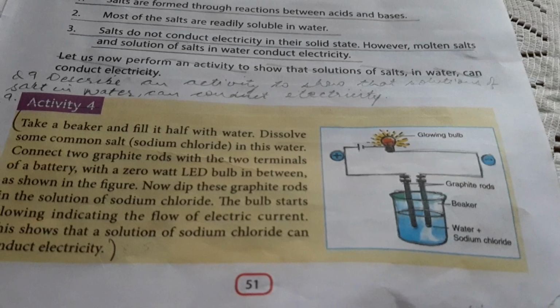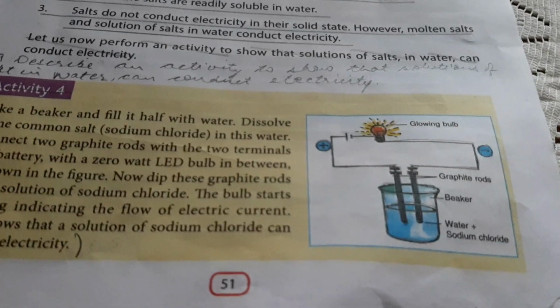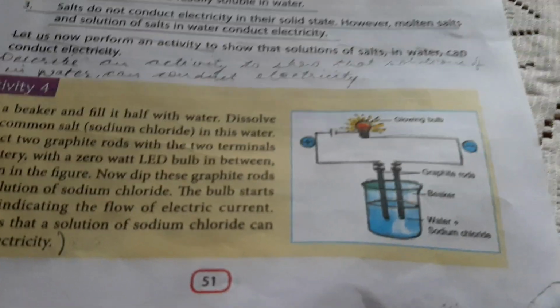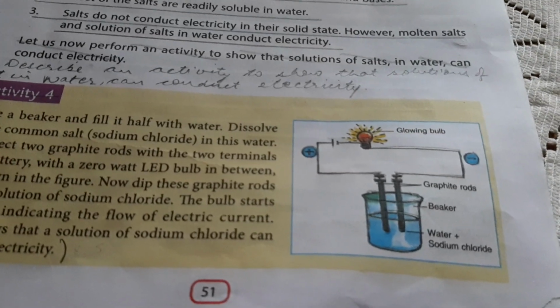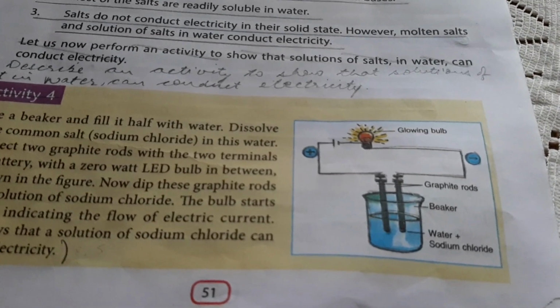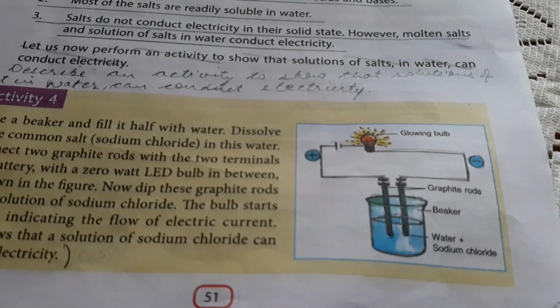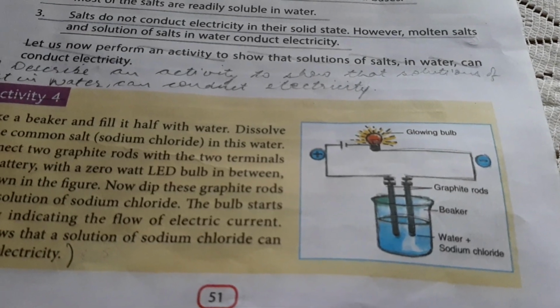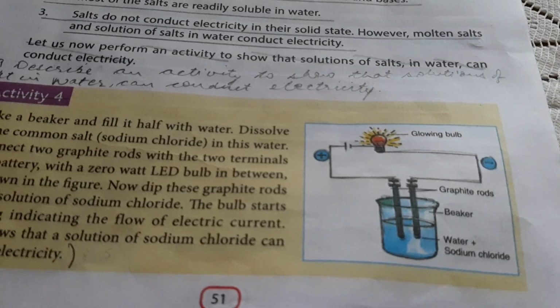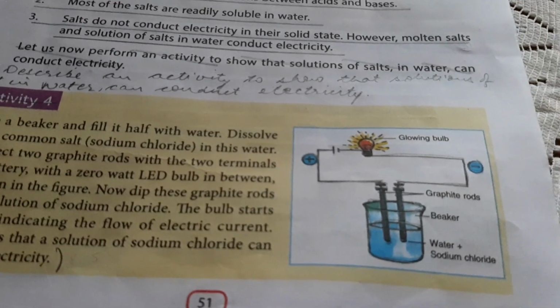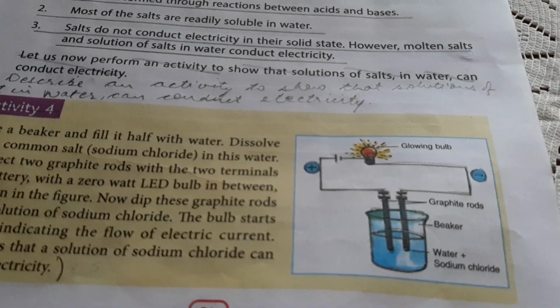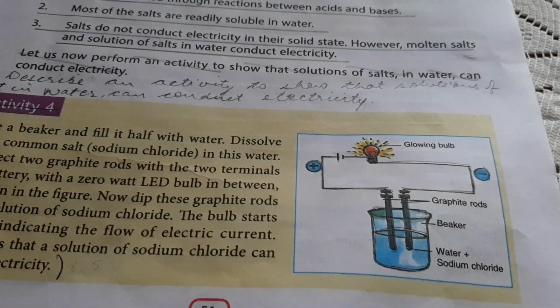So let's just look at the diagram. In the diagram, they have taken a beaker, and in the beaker they have added water and sodium chloride, common salt that you have in your kitchen. It is a solution of common salt and water. Then in the beaker they have dipped 2 graphite rods, and the two ends of the graphite rods are connected with wires, and those wires are connected to a bulb.